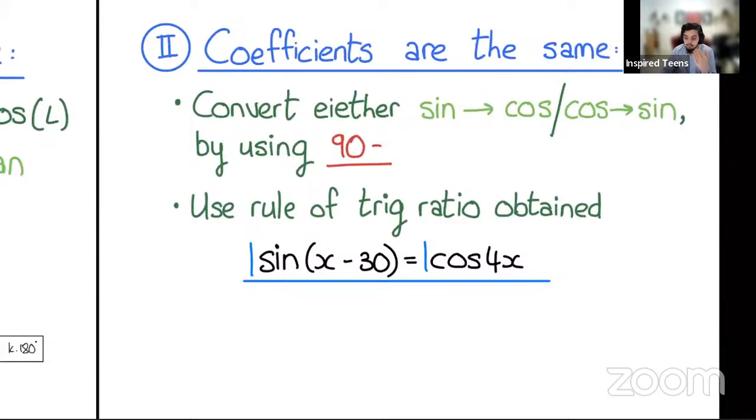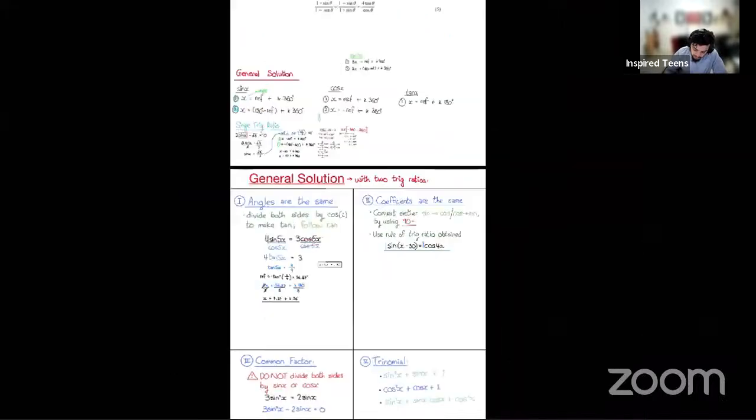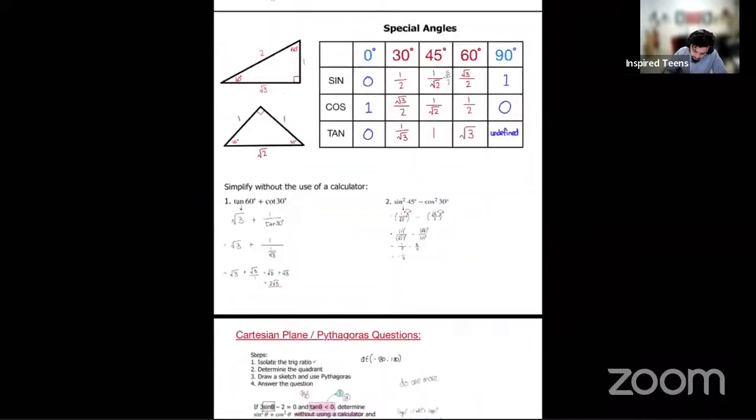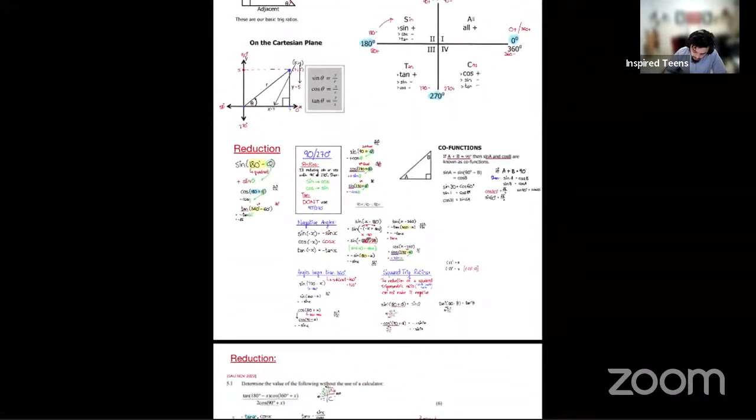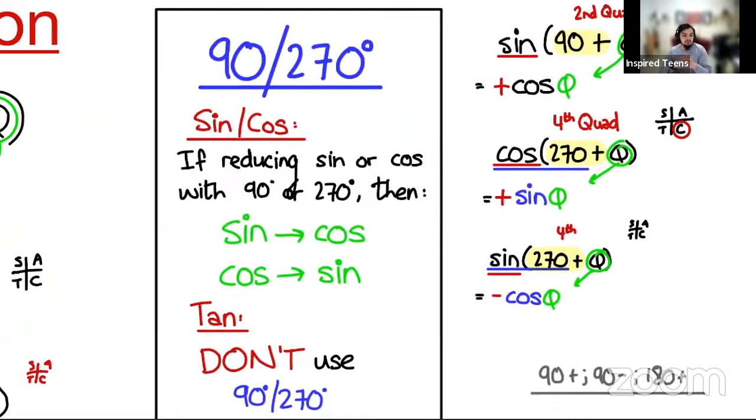Why are we using 90 minus to convert sine to cos or cos to sine? Because remember, if you remember from reduction, whenever we deal with 90, we can go back to it. Yes, here we go: the 90 and the 270 rule.